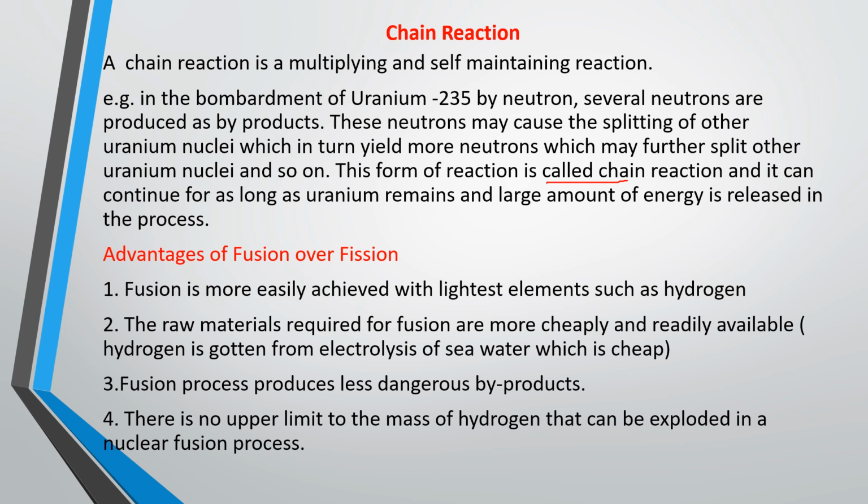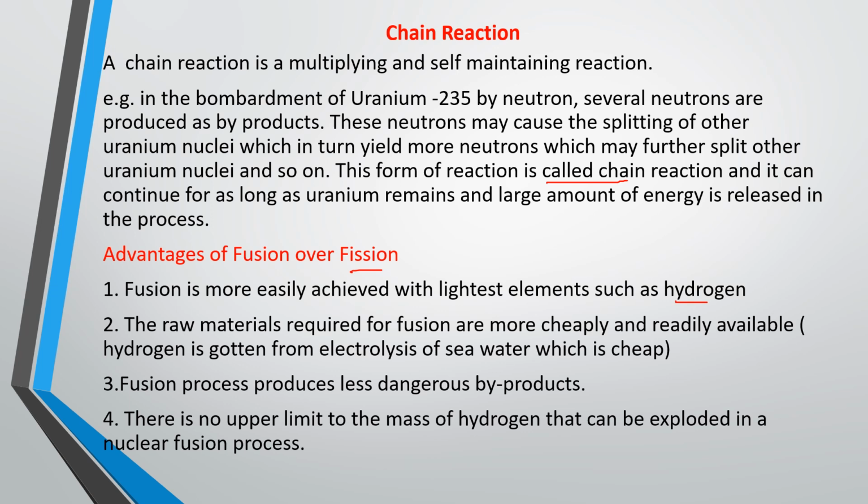Okay, so what are some of the advantages of fusion over fission? Fusion is more easily achieved with the lightest elements such as hydrogen. We saw it just now in our previous discussion. The raw materials required for fusion are more cheaply and readily available. Hydrogen, for example, you can get from electrolysis of seawater, which is cheap.